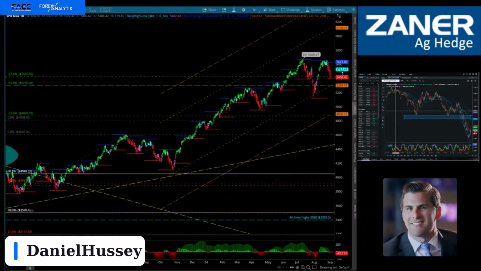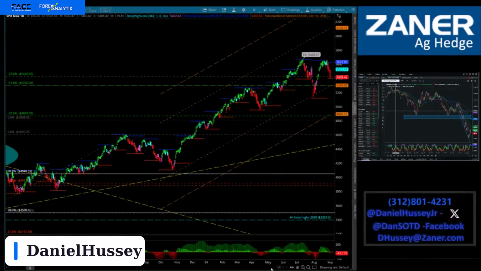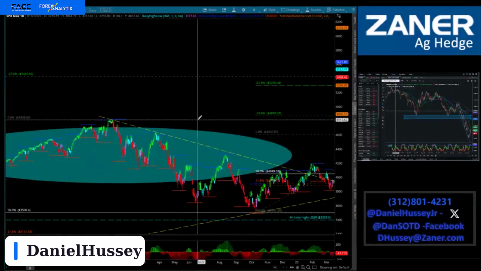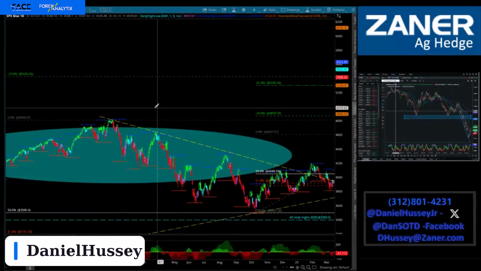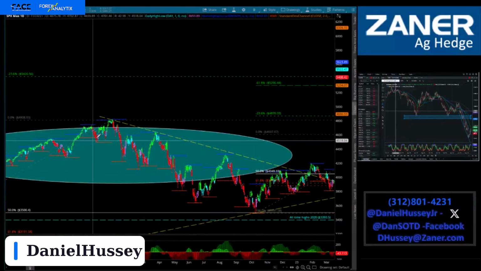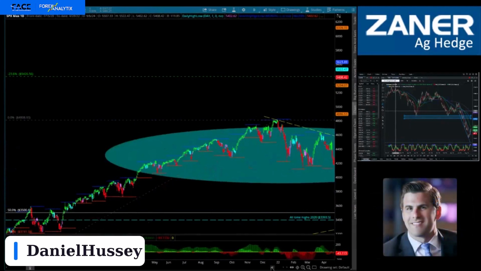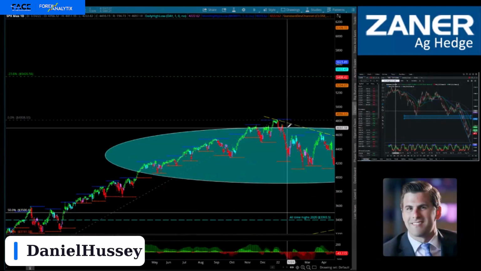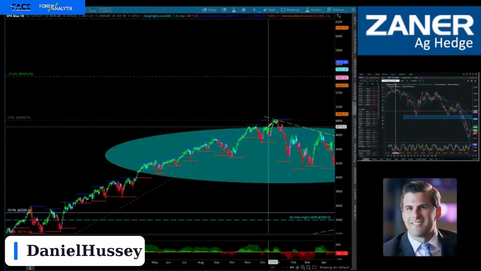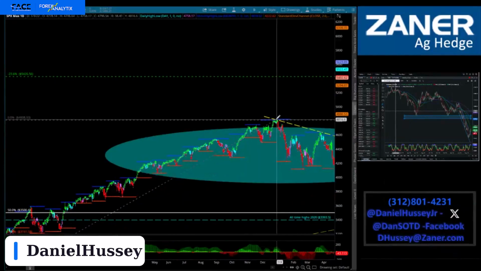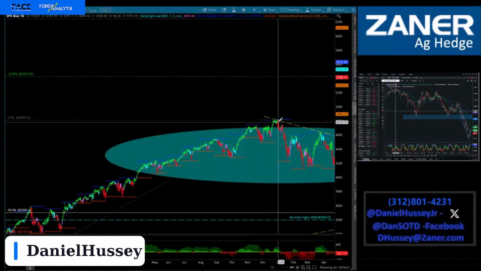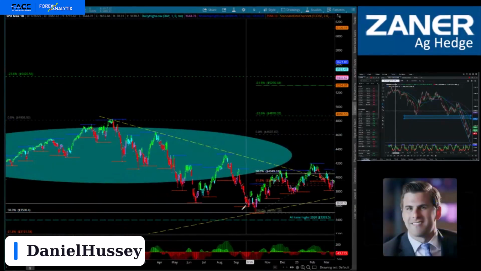But I do think we're probably going to consolidate in a range, or have a period kind of like we had in 2022, where a very pronounced uptrend occurred, then a reversal and a failure to break out. In this case, I want to say a stop hunt or a failed top, a little bit of a blow off top and reversal, and then it set up in consolidation for a period.